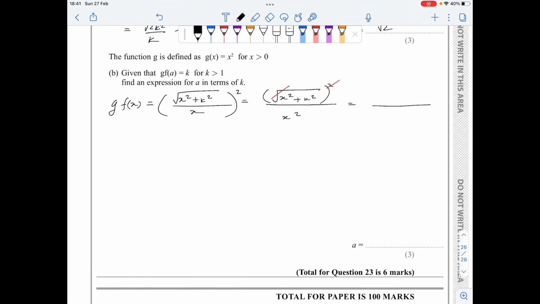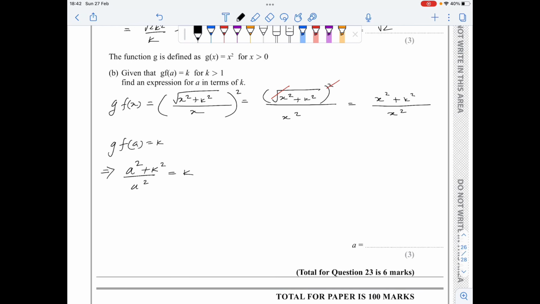So I'll be left with (x squared plus k squared) over x squared. And then let's use the relationship I'm given. gf of a is equal to k, which means (a squared plus k squared) over a squared. I'm just substituting a into the composite function, and this should be equal to k.